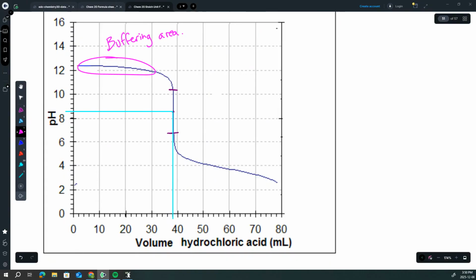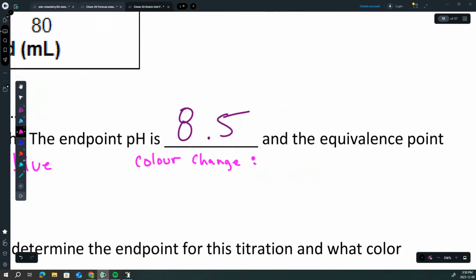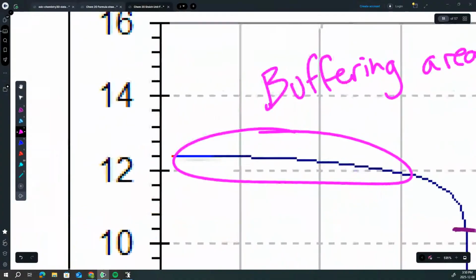Okay, because that's the color change that we care about the most. All right, so looking at the beginning here, we've got a pH of, we'll say 12.4.